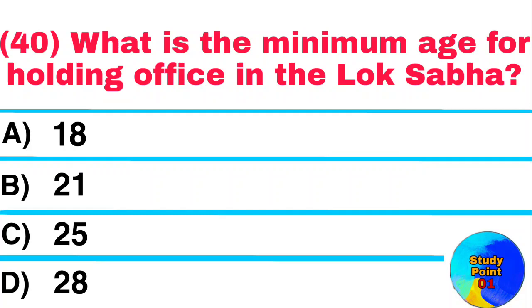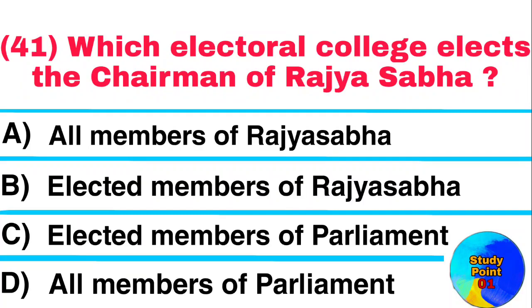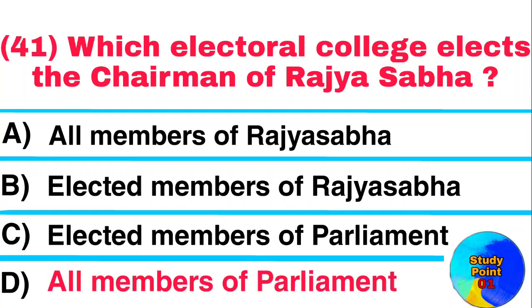D. 28. Answer. 25. Question. Which electoral college elects the chairman of Rajya Sabha? A. All members of Rajya Sabha. B. Elected members of Rajya Sabha. C. Elected members of Parliament. D. All members of Parliament. Answer. All members of Parliament.